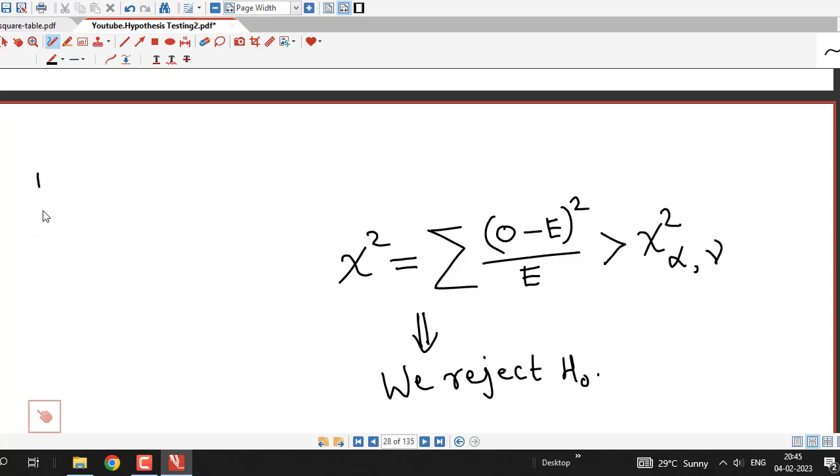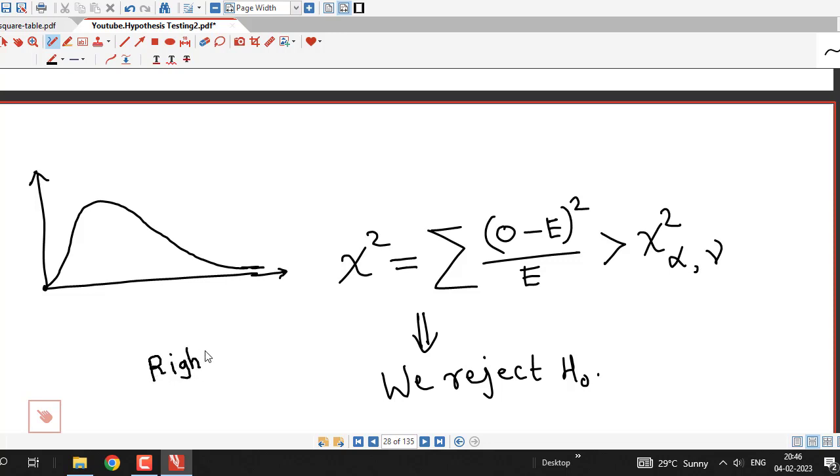Now remember that for the critical values of this goodness of fit test, we are familiar with the shape of chi-square distribution. This is the rough sketch of chi-square distribution. So remember that for chi-square goodness of fit test, we always have right-tailed test.